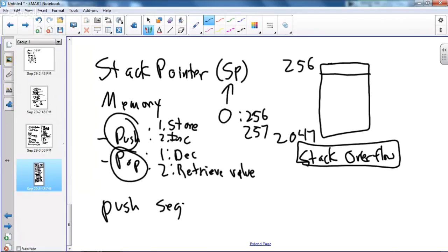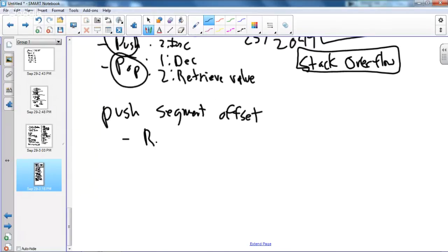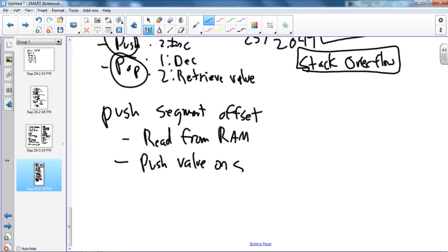Push segment offset will do the following: it's going to read from RAM and push the value on the stack.